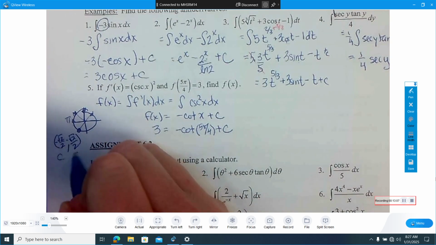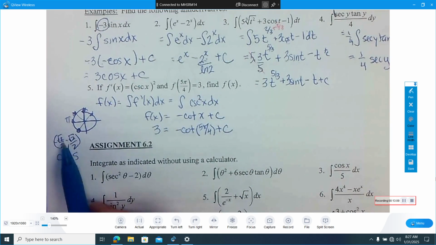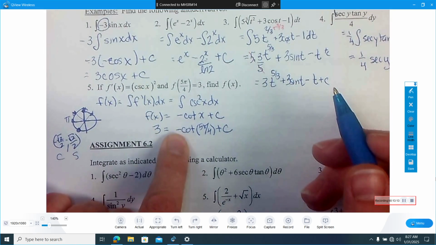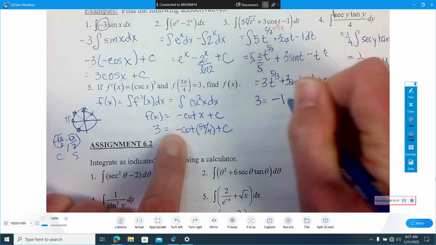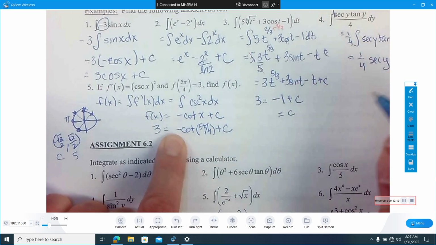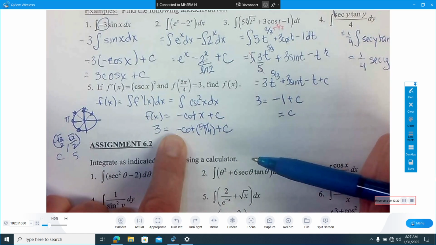Yeah, cosine over sine is cotangent, and those divided by themselves is just 1, all right? It has a negative in front of it, so that's going to be 3 equals negative 1 plus c, which means c equals... Did I do that right? That's so funny. My answers are different here.